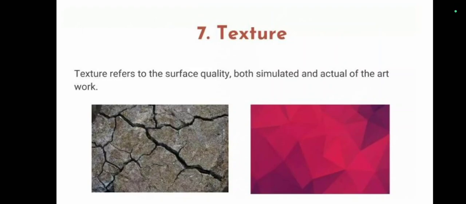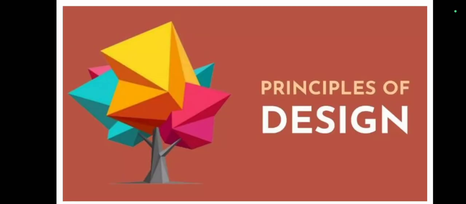But in a two-dimensional diagram, how can we represent a texture that has roughness? How can we show it in 2 dimensions? This is where texture comes into the picture. So these are all the elements of design. In the next video we will see the principles of design.